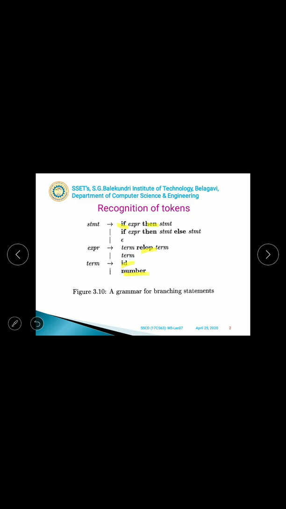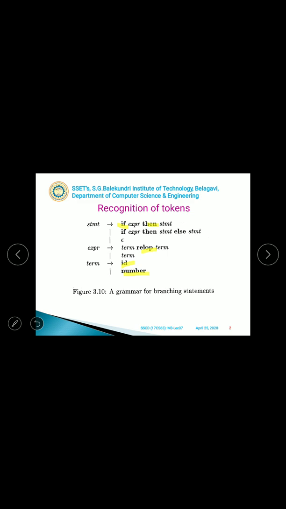So these are all the terminal symbols which are used in this example. Now what do you mean by this? If is a reserved word, ID is an identifier, RELOP is a relational operator, number is a representation of some integer number or a whole or a decimal number.